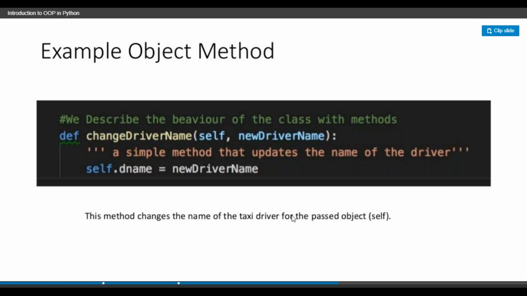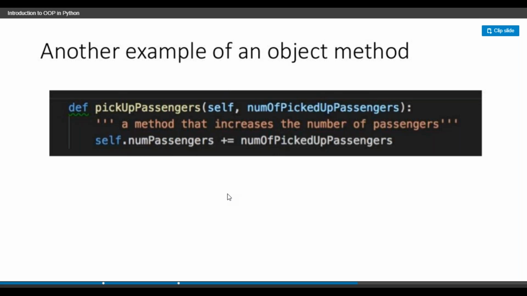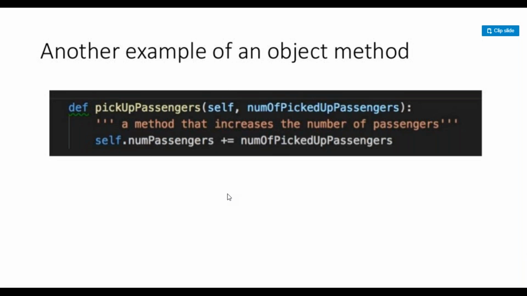Next, see another example of an object method. Definition pick up passengers. So you have already been given another method. The first method is driver name. The second one is the pick up point, that is called pick up passengers. self, number of picked up passengers.